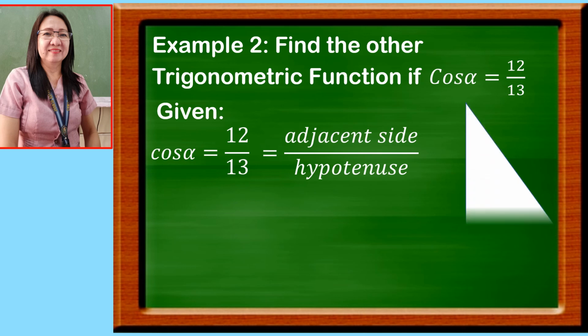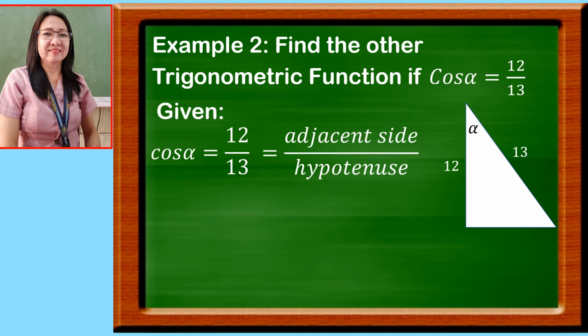Let us put this in our illustration. So alpha is located on this part. We have adjacent side to alpha on this part. Let us put our 12 here. And then the hypotenuse is 13.